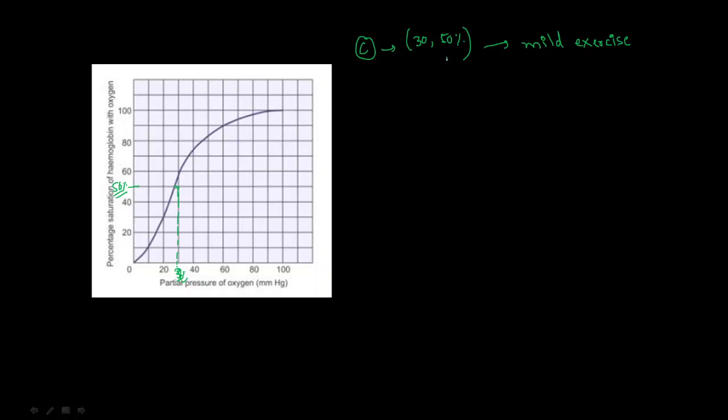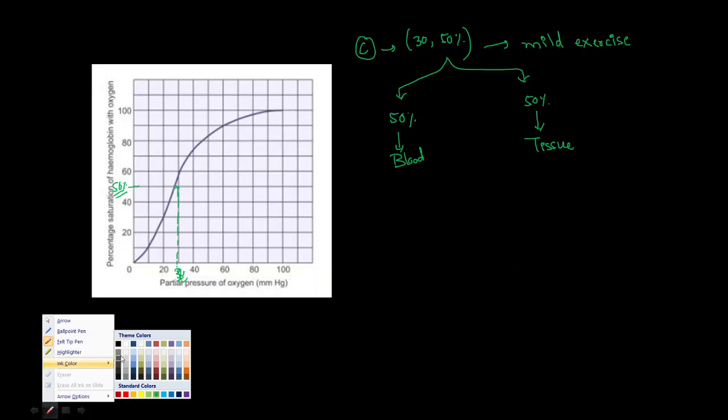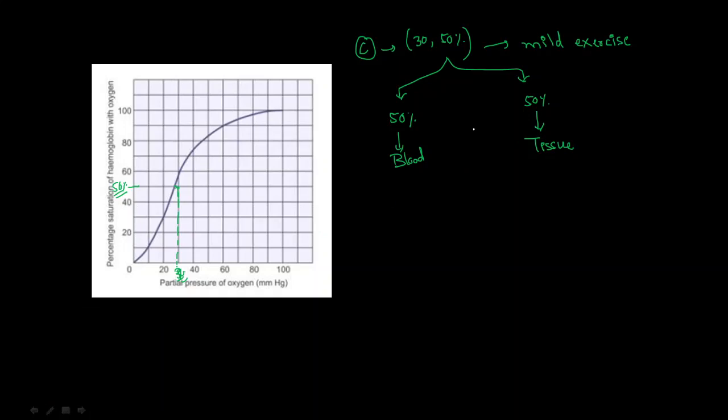So in this particular situation, when I'm saying the hemoglobin is 50% saturated with oxygen, 50% of oxygen will remain in blood, again in the form of oxyhemoglobin, while the rest of the 50% is going to be provided to tissues in order to perform cellular respiration and provide you some energy. So what is happening here?